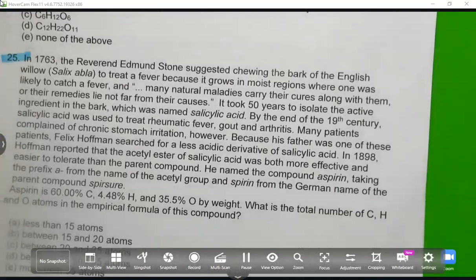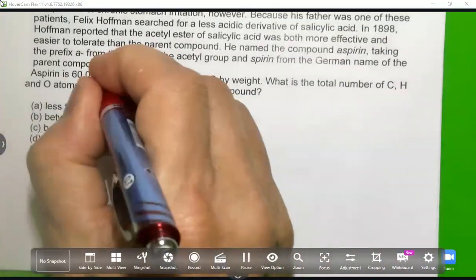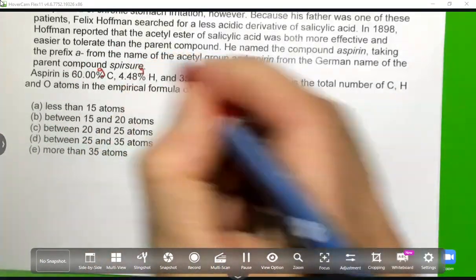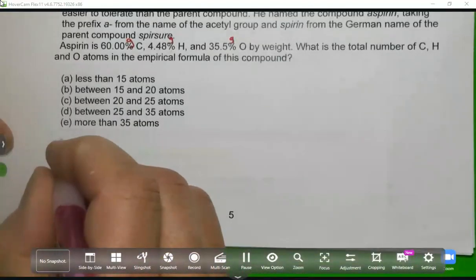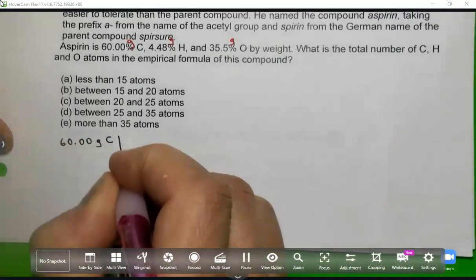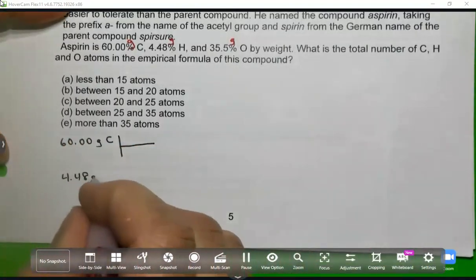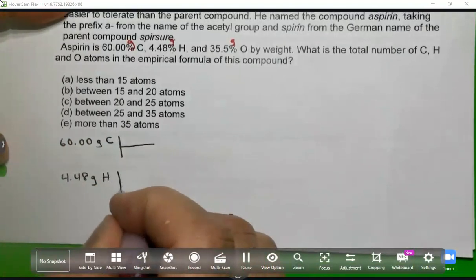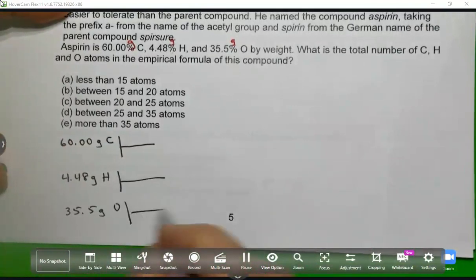In 25, we're going to line these all up. We're going to take all these percentages to grams. And if we line these all up, we're going to have 60.00 grams of carbon, 4.48 grams of hydrogen, 35.5 grams of oxygen.